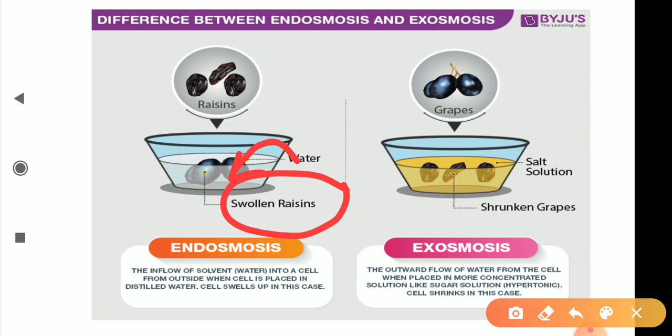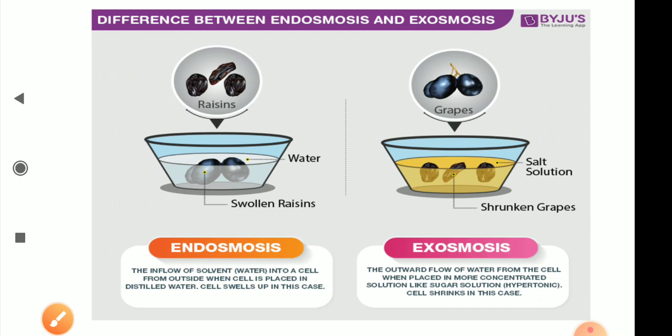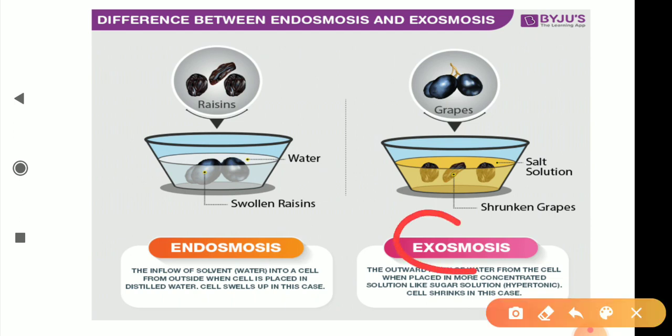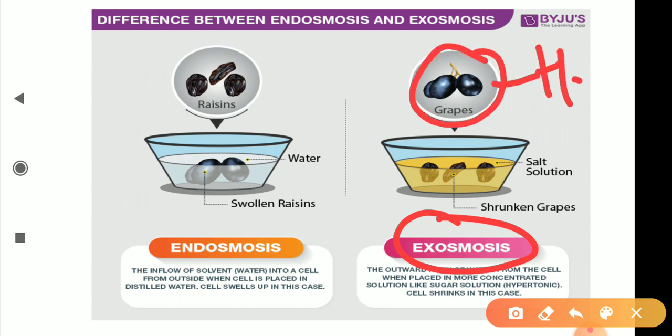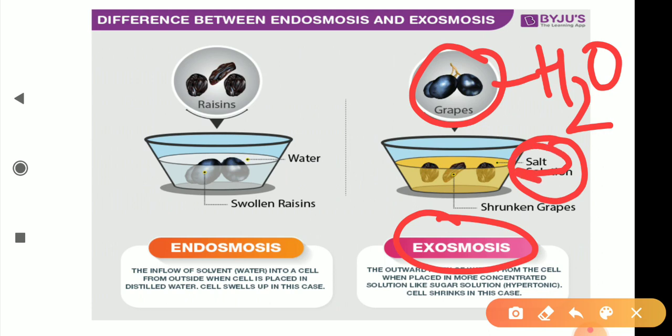Fine. Second type, that is exoosmosis. As the name suggests, it is when the water comes out of the cell. Let us take an example of grapes. The water concentration in the grapes is more as compared to that of the salt solution, because in the salt solution, salt is a solute, and there is no solute in the case of the grapes.